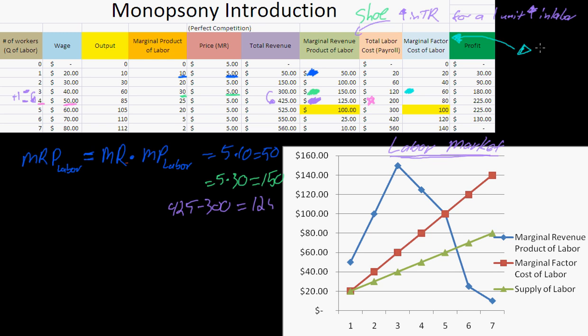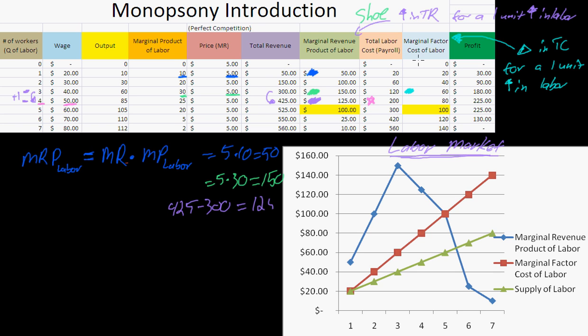The change in total cost for a 1 unit increase in labor. I didn't include any other costs for this monopsony just to keep it really simple. So we're assuming that labor cost is the only cost, which is obviously an unrealistic assumption, but it makes the analysis simpler here, so we're just going to start with that.